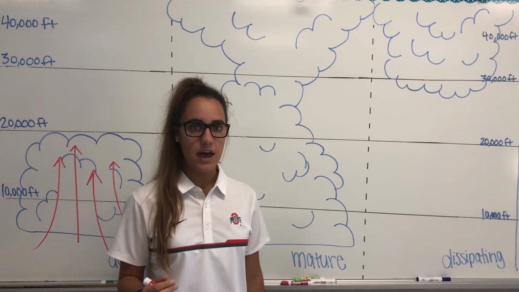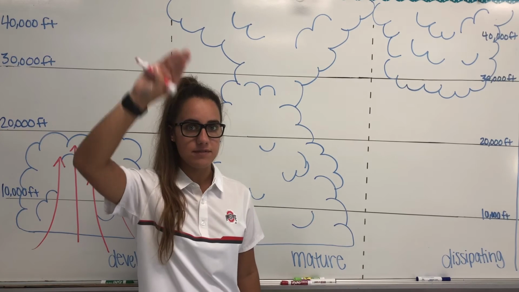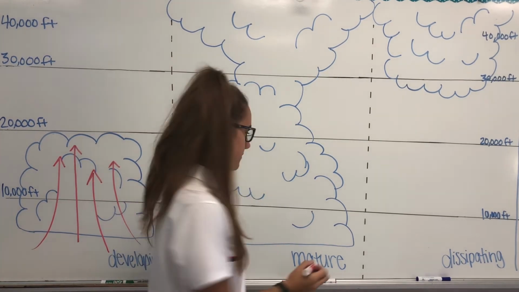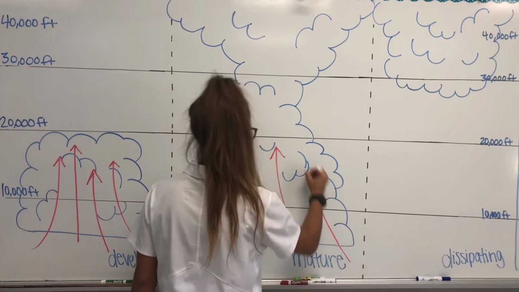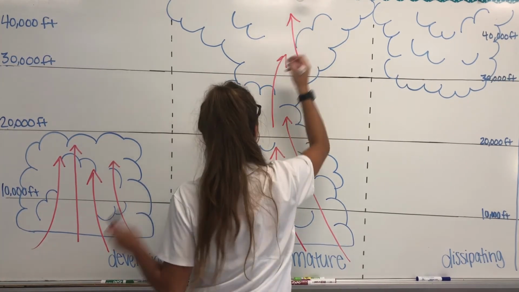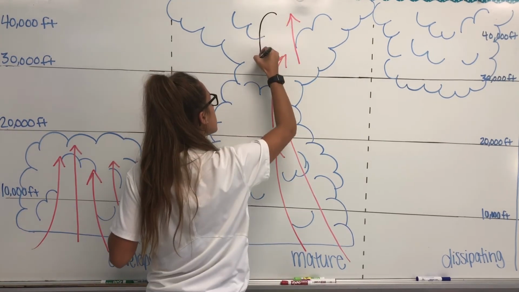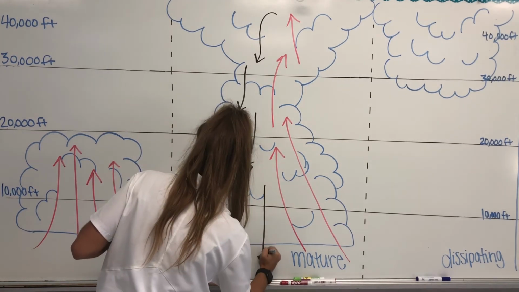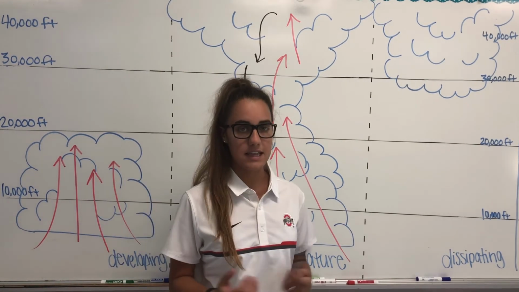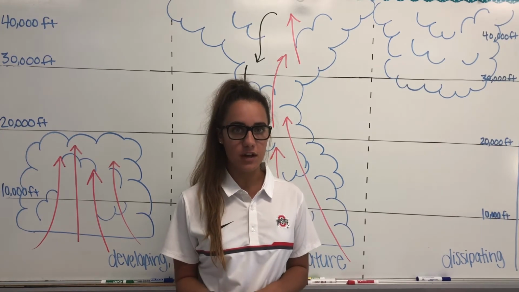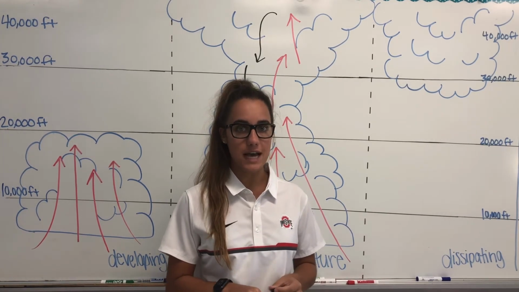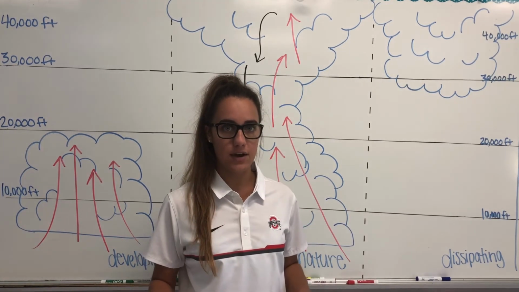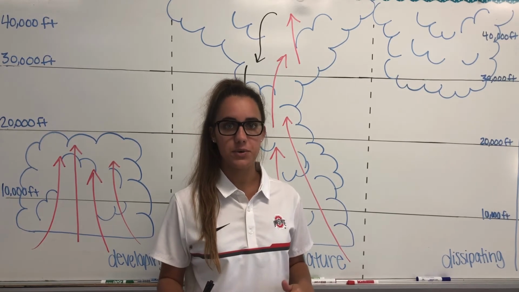And we also have a cold front, which starts to have those cold downdrafts, bringing that strong, heavy precipitation. In the dissipating stage, the air has cooled off and is now causing those strong downdrafts and winds to happen. So we have cold air rushing back down, sinking back down to the earth.